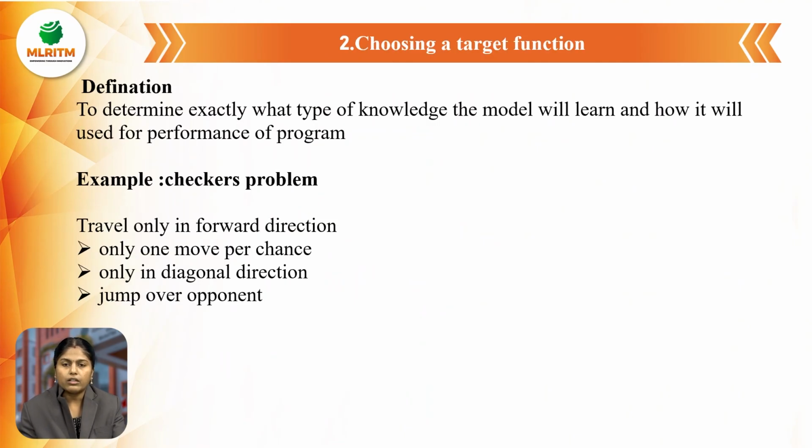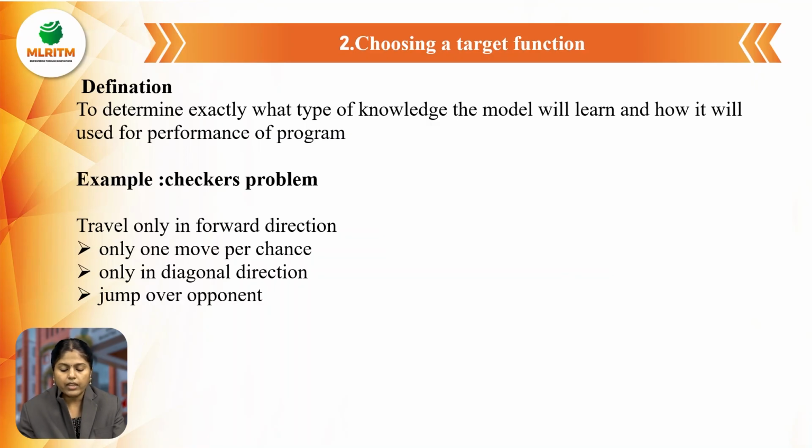And the next step to design a particular system is the second step: choosing a target function. What do you mean by choosing a target function? It determines exactly what type of knowledge the model will learn and how it will be used for the performance of a program.